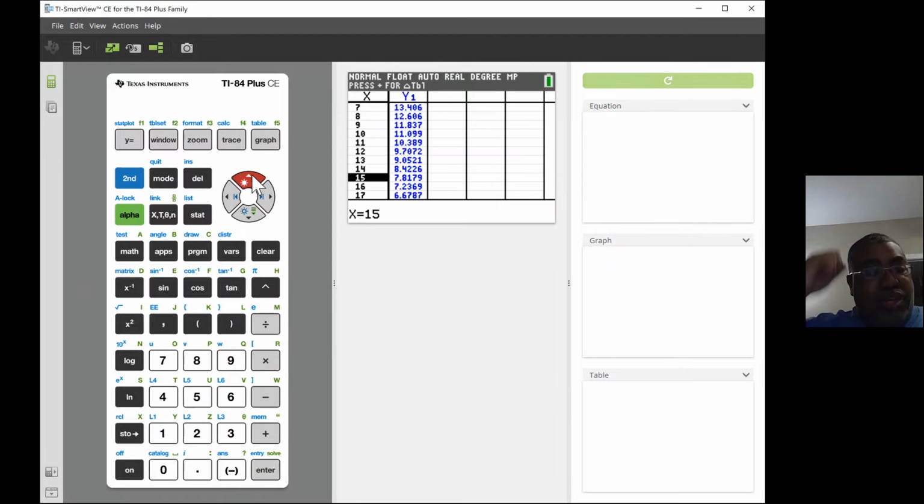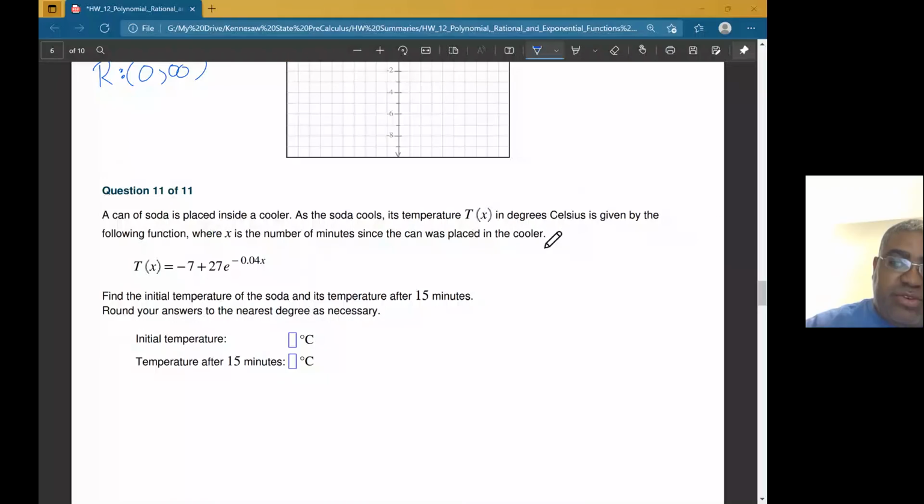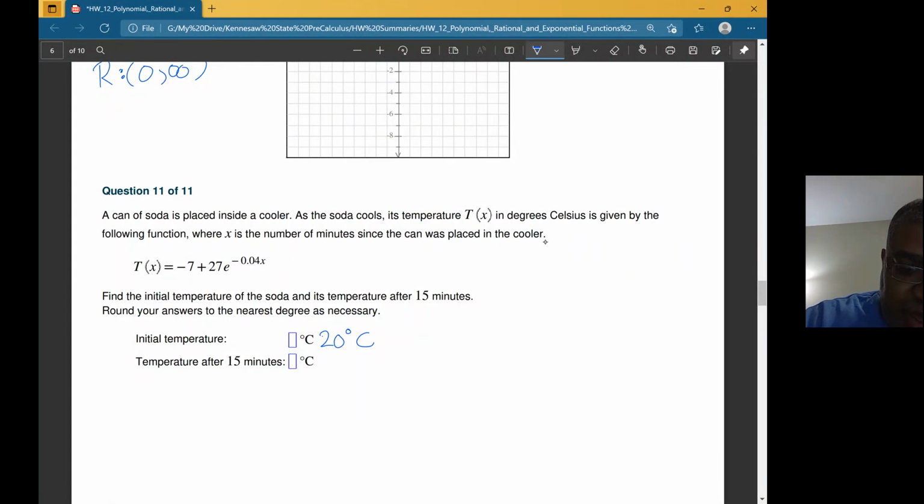So at 0 is 20. Let me go back and just write it down, because some people like to see stuff written. All right, so my initial temperature is 20 degrees Celsius, and after 15 minutes, rounded, it is 8 degrees Celsius.